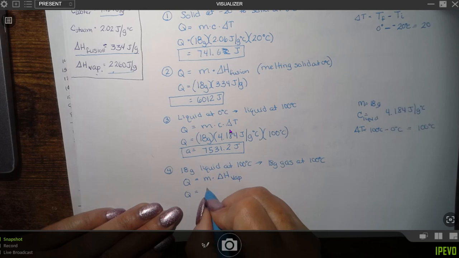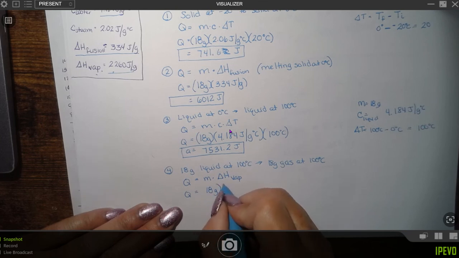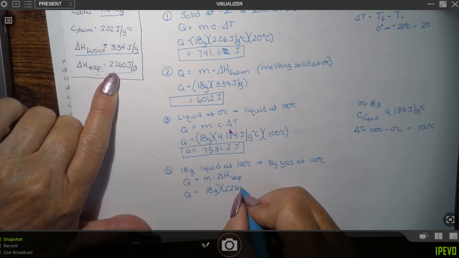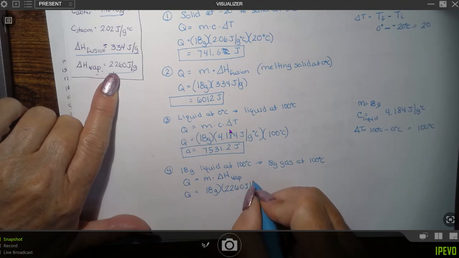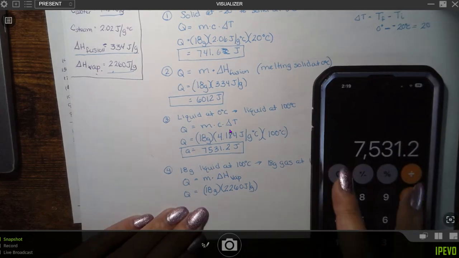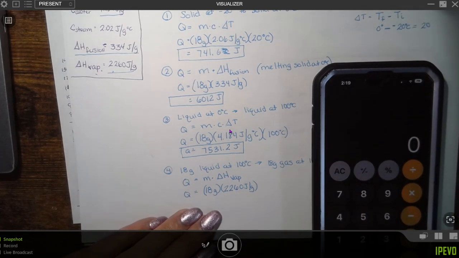Q is going to equal 18 grams times 2,260 joules per gram. Remember we said that it takes a lot more energy for water to boil than it does to melt. Well, here is the proof in the numbers.